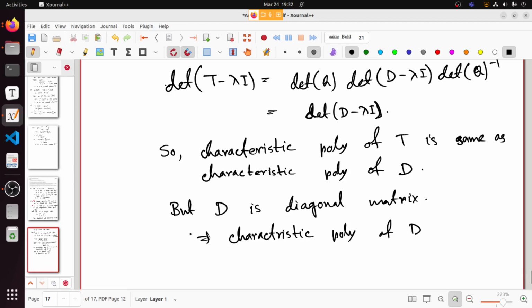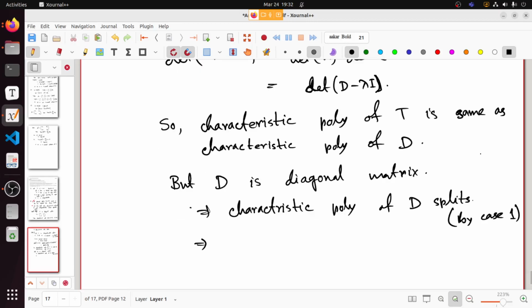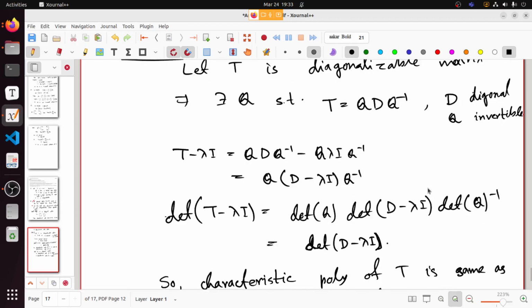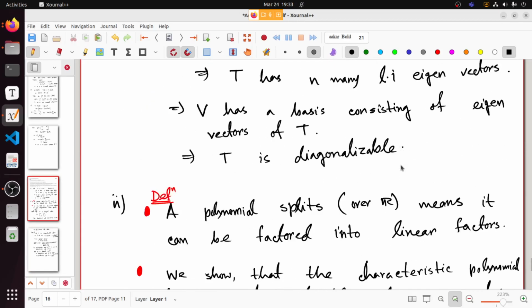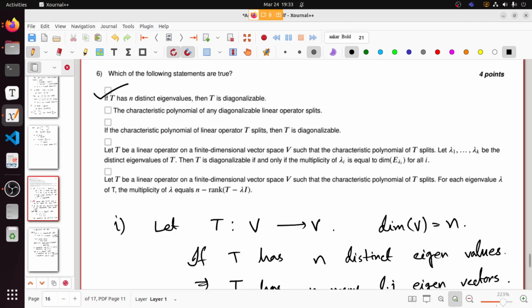So this completes the proof that the characteristic polynomial of any diagonalizable linear operator splits. So option number 2 is correct.